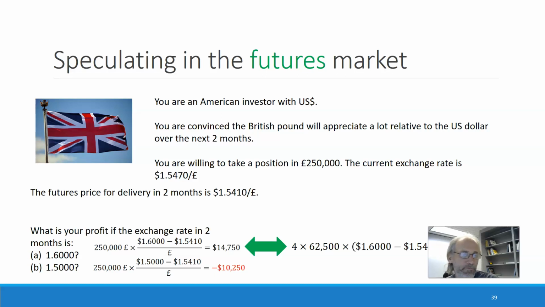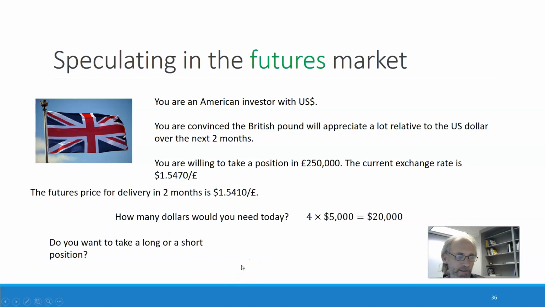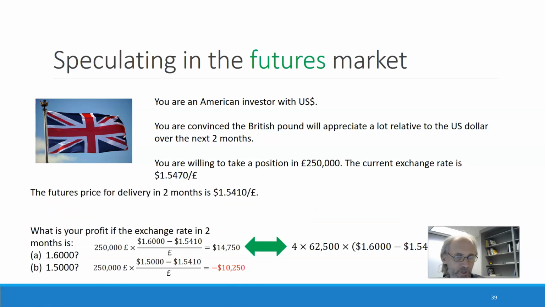We ended up with less than half of the money we put in. And you can see in the previous example, we took a loss of almost $12,000, but we put in 386,000. So as a percentage of our money invested, this is a pretty small percent. Whereas in this case, as a percent of the money invested, this is a huge loss, but it's also a huge gain.